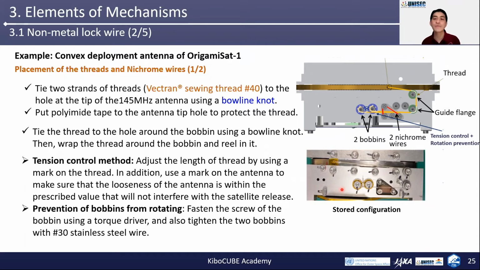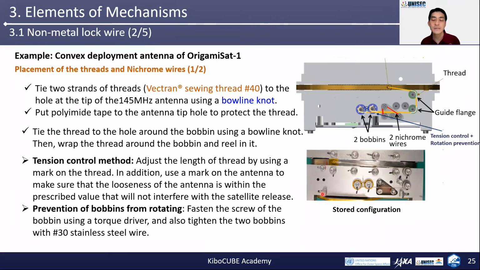In addition, we used the mark on the antenna to make sure that the looseness of the antenna is within the prescribed value that will not interfere with satellite release from the rocket. There's a method preventing the bobbins from rotating.